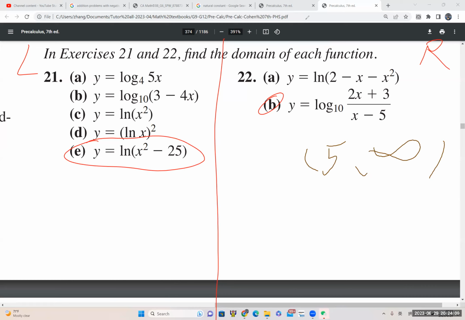Okay, let me double check. How did you get this? Just by guess? By calculation. Oh, calculation, not calculator. Okay.